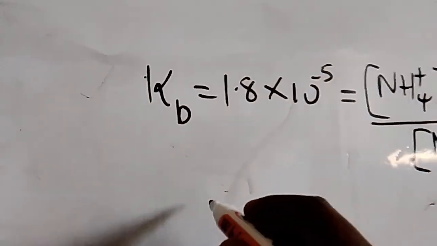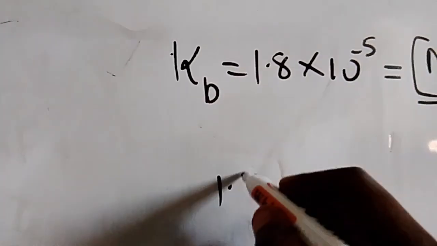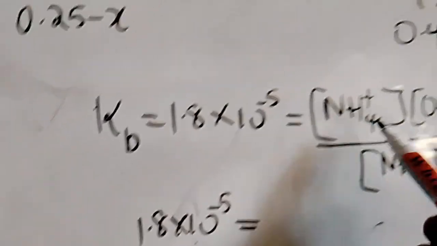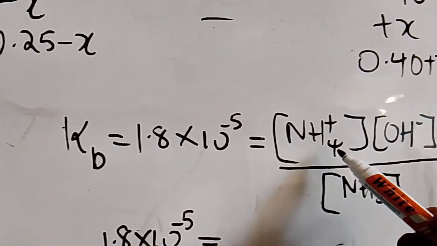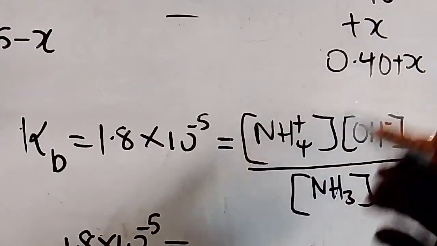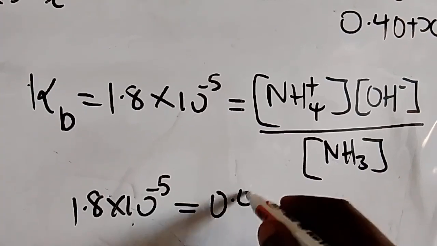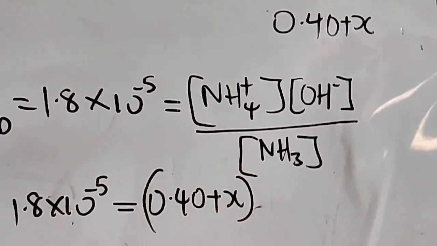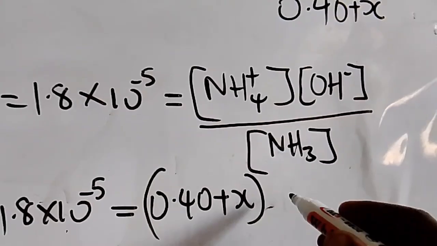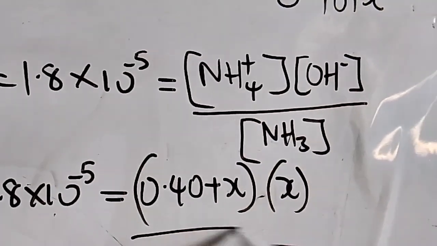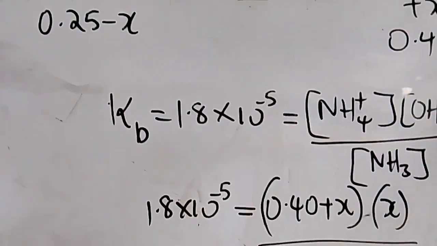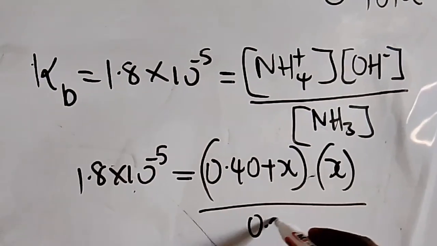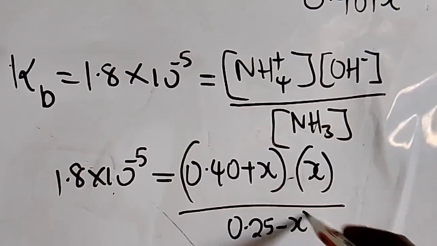So we have 1.8 times 10 to the power negative 5 equal to 0.40 plus X, times X, over 0.25 minus X.